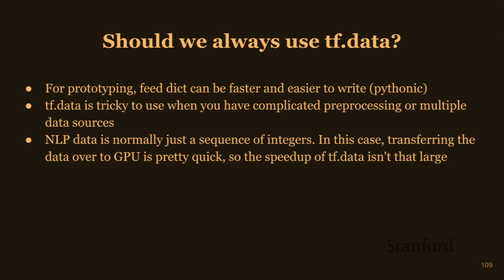And for a lot of data in this class, a lot of things just deal with indexes of words, so the data is just integers, and tf.data will not offer a big increase in performance. So feel free to use whatever you feel like using.